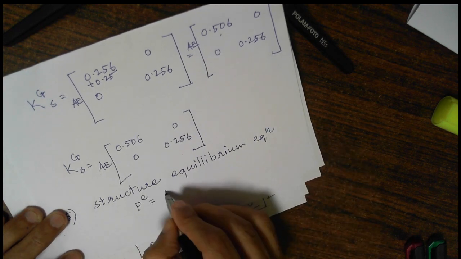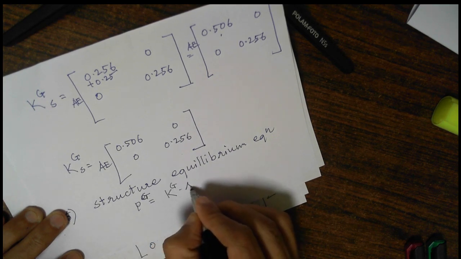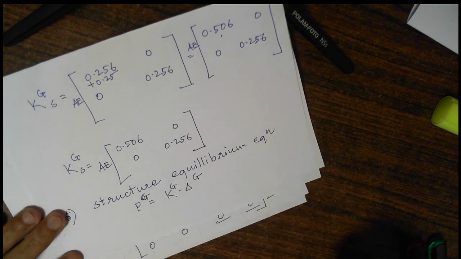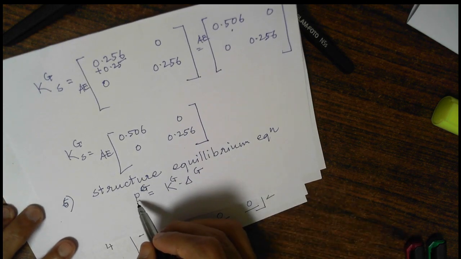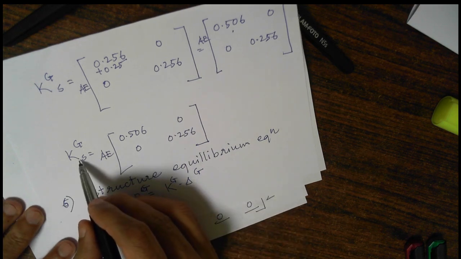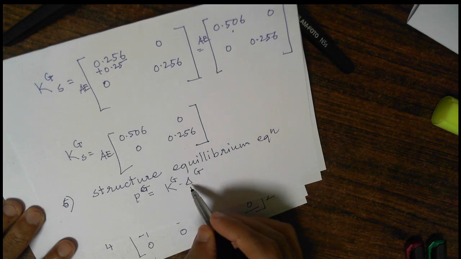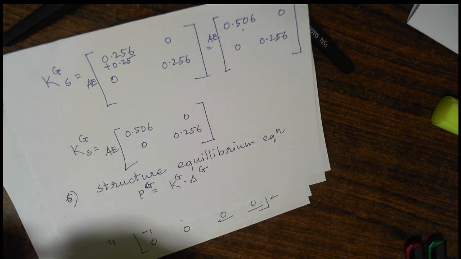P global is equal to K global delta global. P global is the force acting on the original structure at the coordinates. K global is the structure stiffness matrix in global terms, and delta global is the structural displacement matrix in global terms. We need to determine the global displacements, which we are going to do in our next video.